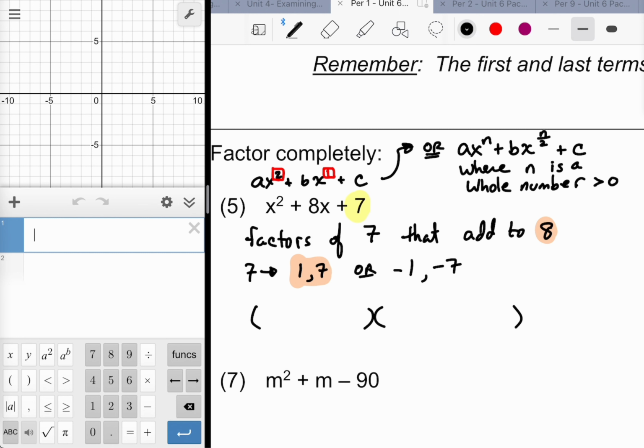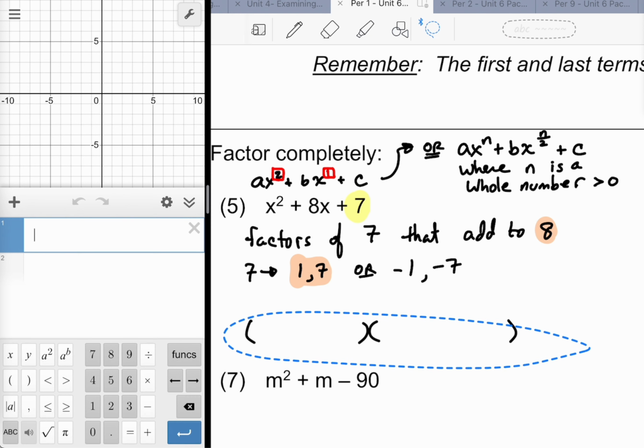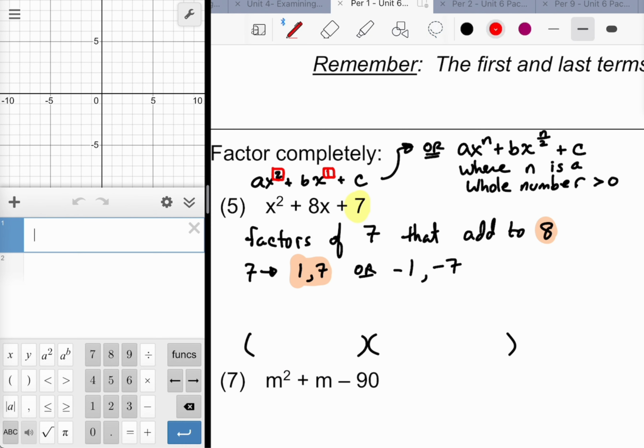If we're reversing the distributive property, we're looking at values that have to multiply. If I'm carrying out the double distributing process, based off of this shell here, I'm going to have a term here and a term here. When I multiply them, the result is going to be that x squared.